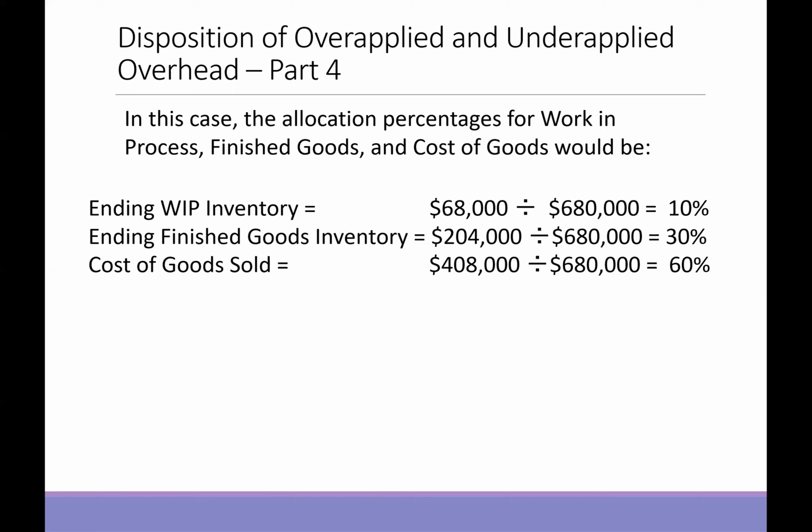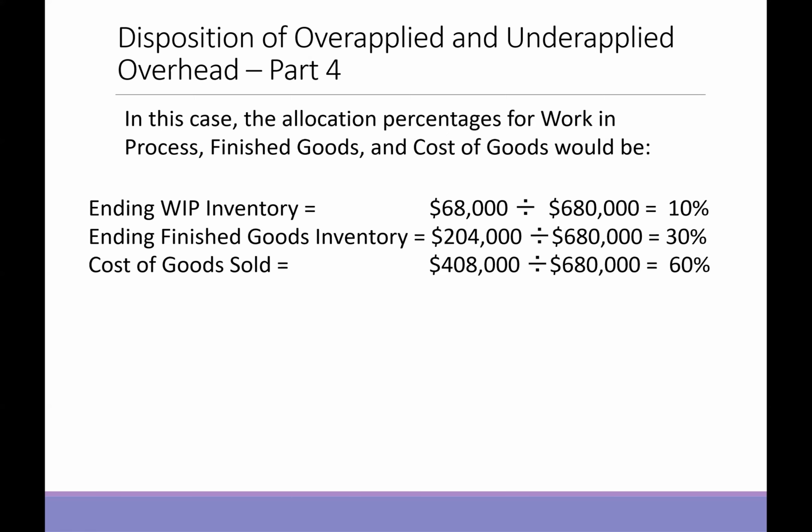If we had 68 sitting in the WIP inventory, it's 10% of the whole. If we had 204,000 sitting in finished goods, it's 30% of the whole. And what was sold would be 60% of the whole.